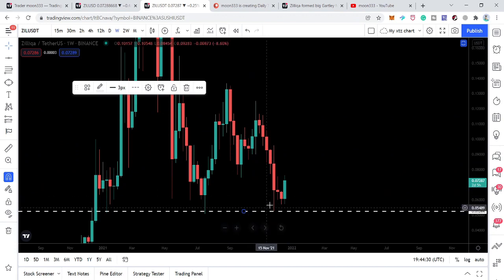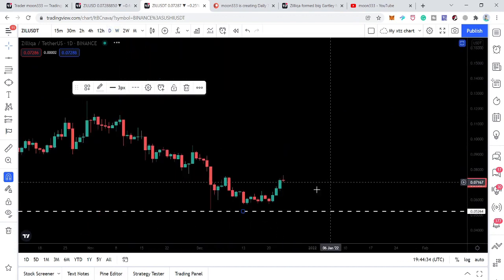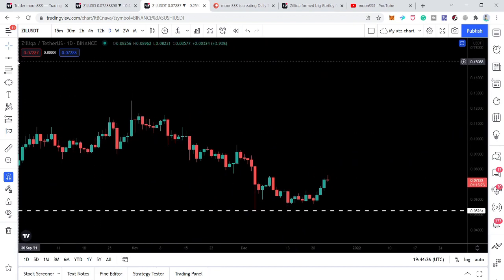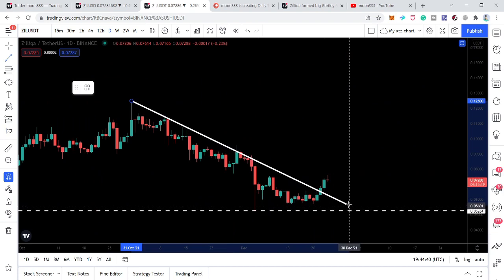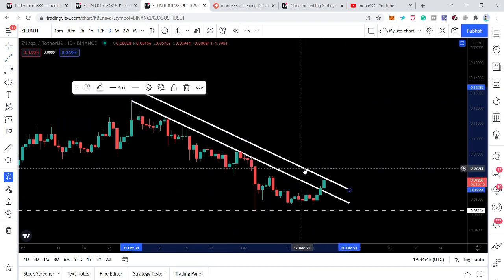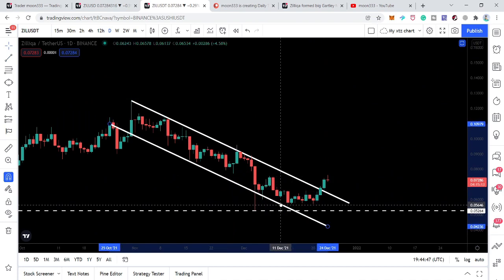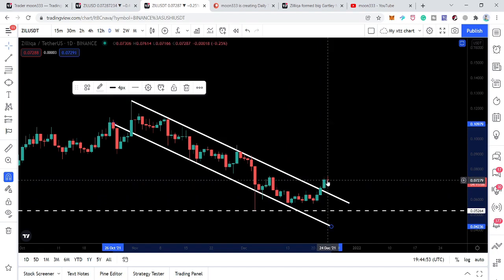So I'm expecting that this move will continue, because if we switch to the daily time frame, then here the Zilliqa coin also formed a down channel, and this was the resistance, and this was the support of the down channel on the daily time frame. And recently the price line has broken out of the resistance, and it is likely to have a rejection by this resistance.